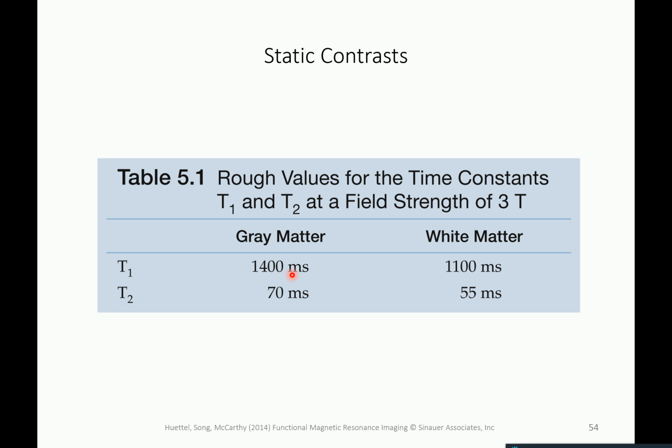Of course, this varies here and there and so on, but you see that there's a difference between gray and white matter in terms of T1. There's also a difference in gray and white matter in terms of T2. So essentially, whether you do T1 or T2 weighted imaging, you might always be able to see a little bit the difference between gray and white matter.